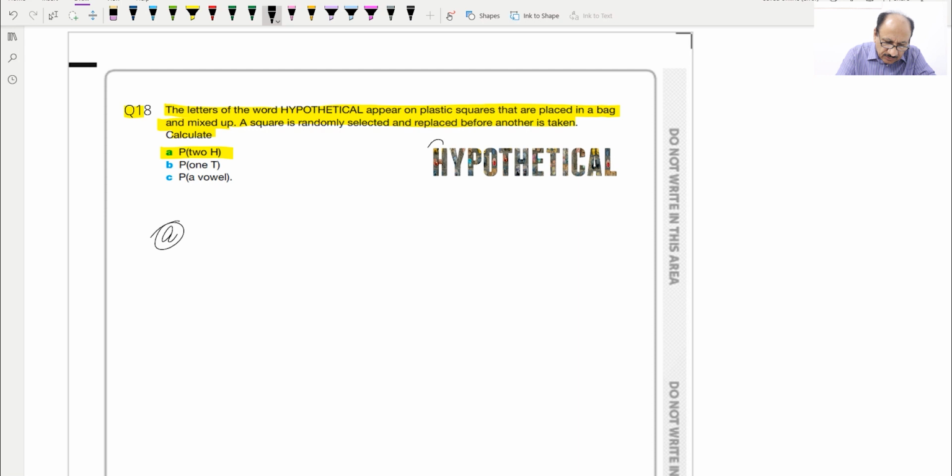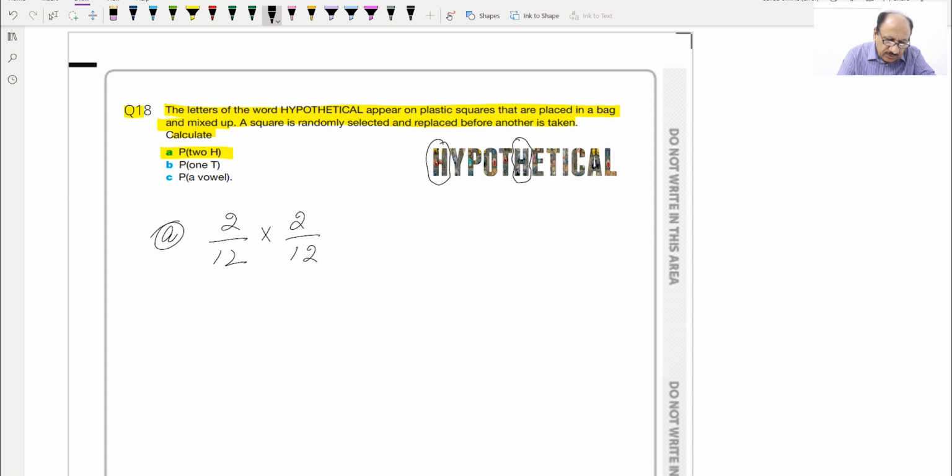If we check, this one is h and this one is h. So 2 out of total letters, if we count all the letters, are 12. So we can write it as 2 by 12, and for the second also h, again it will be 2 by 12.